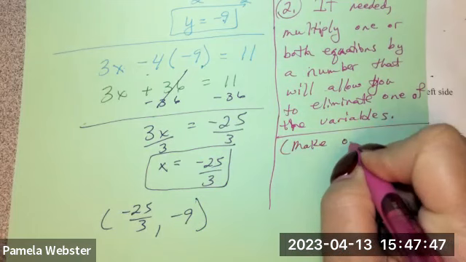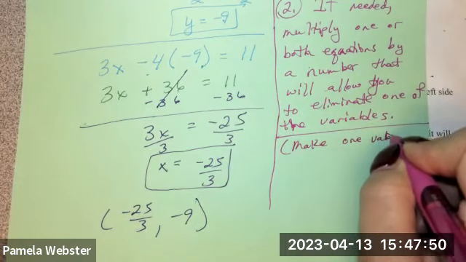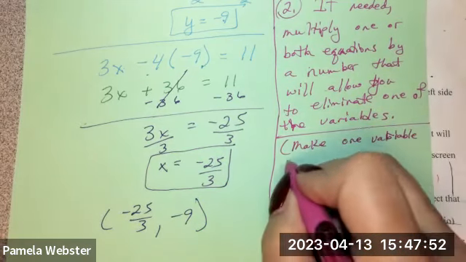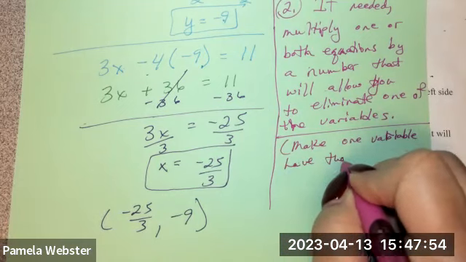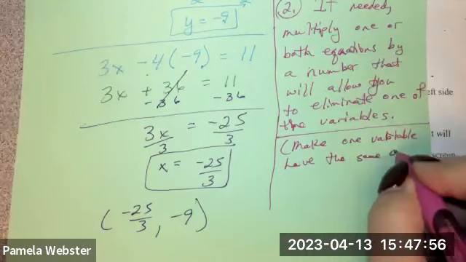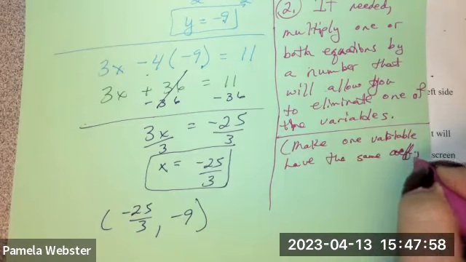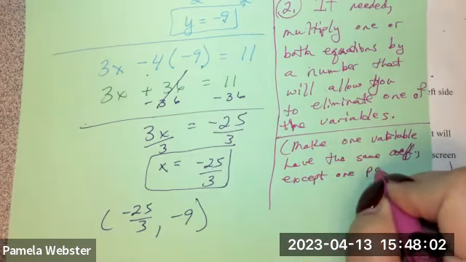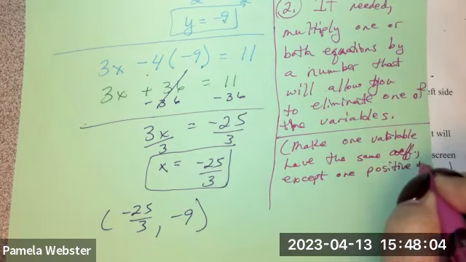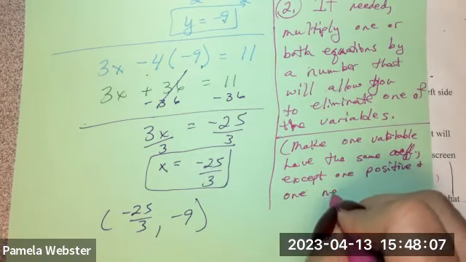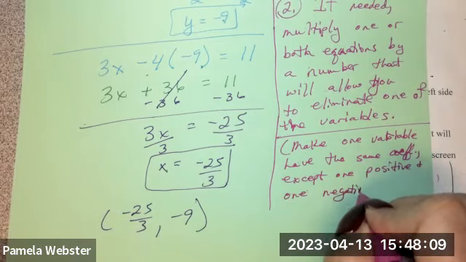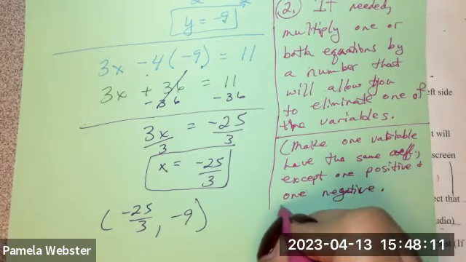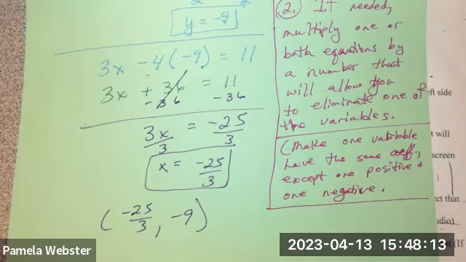Make one of the variables have the same coefficient, except one is positive and one negative. And that's what I mean by multiply by whatever's necessary, so that when you add these equations, one of the variables is going to go away.